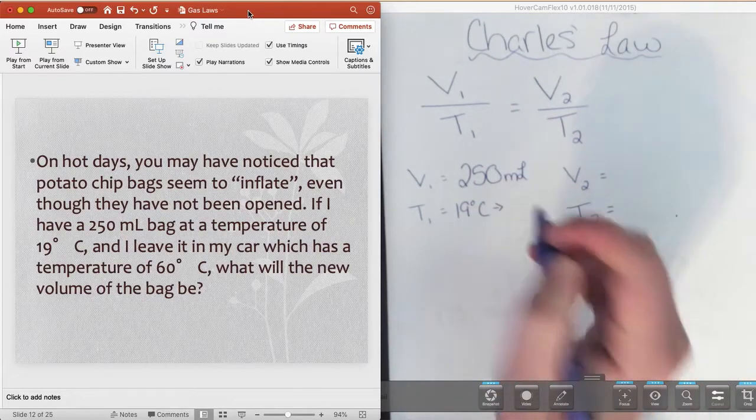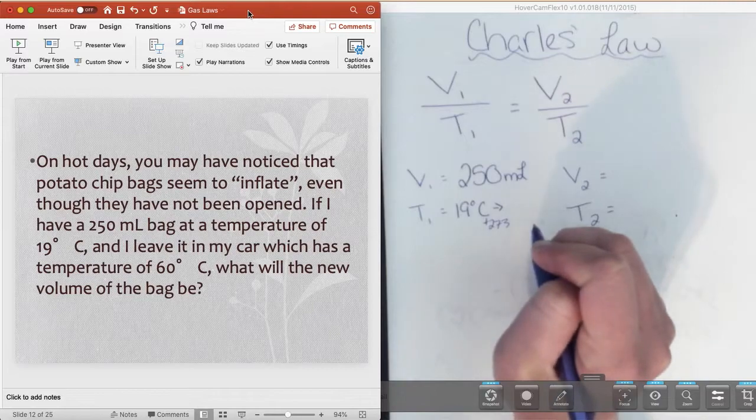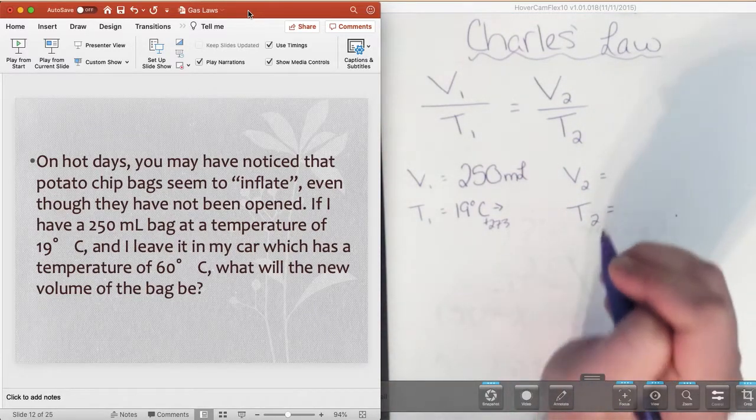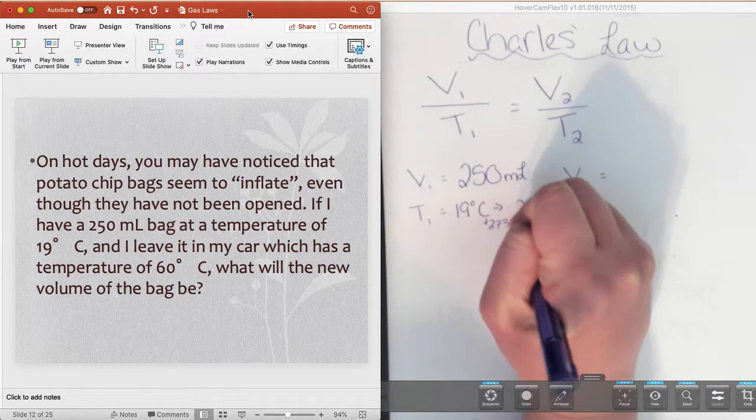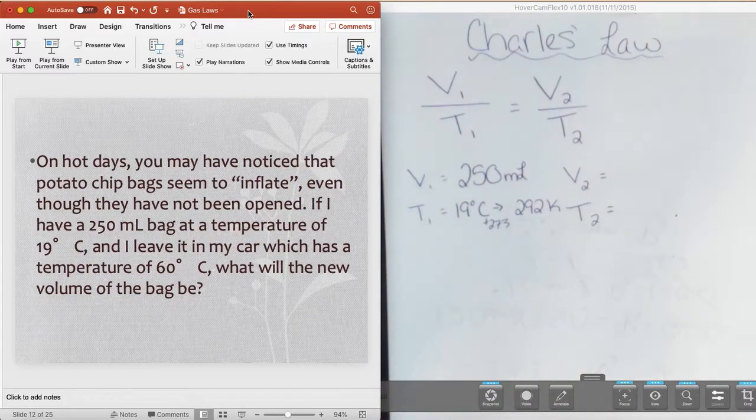So, in order to get from Celsius to Kelvin, we add our 273, and we get our 292, which is the initial temperature we're going to be working with.